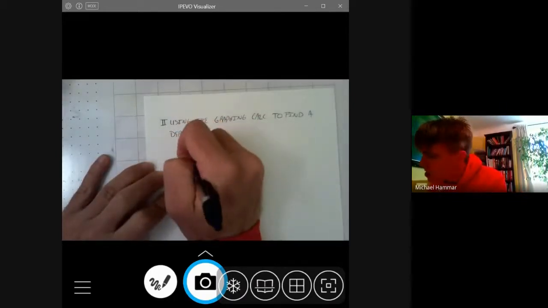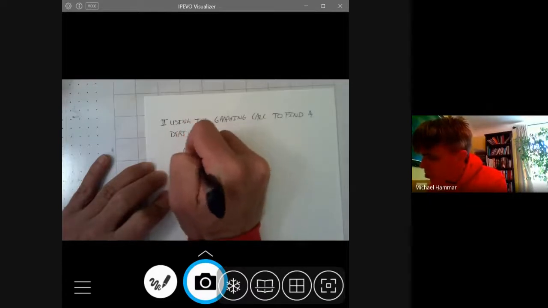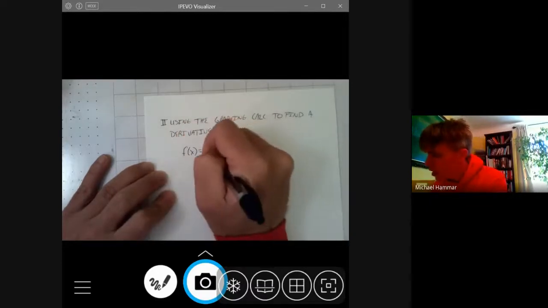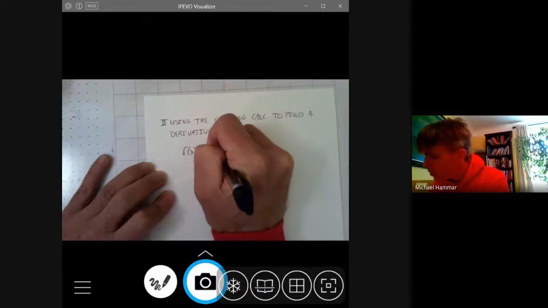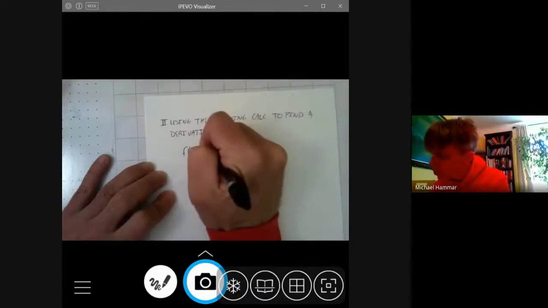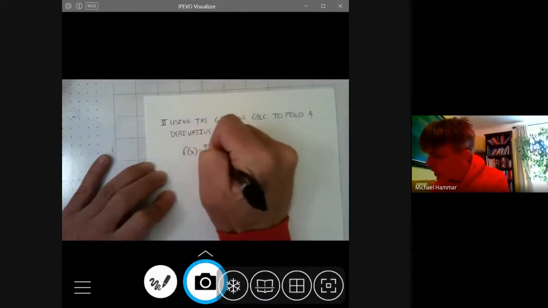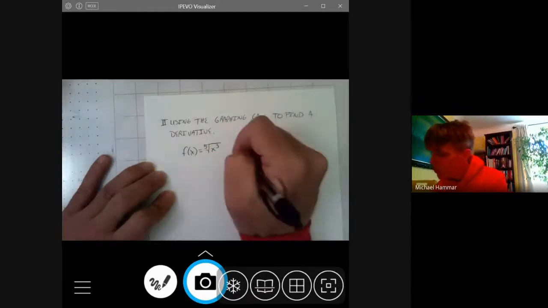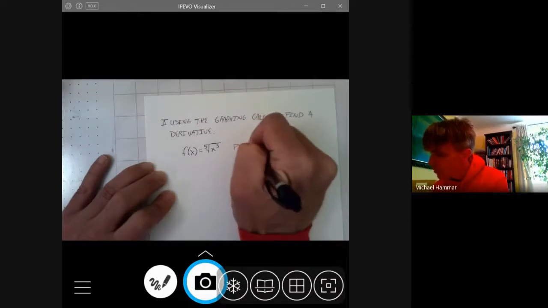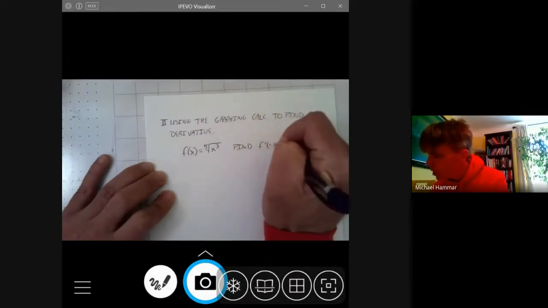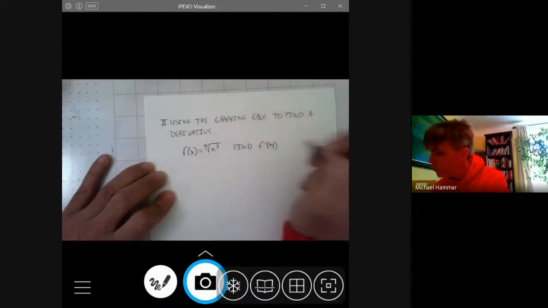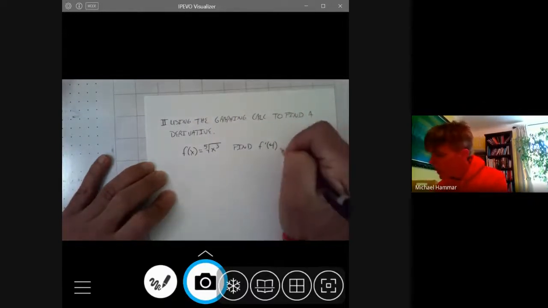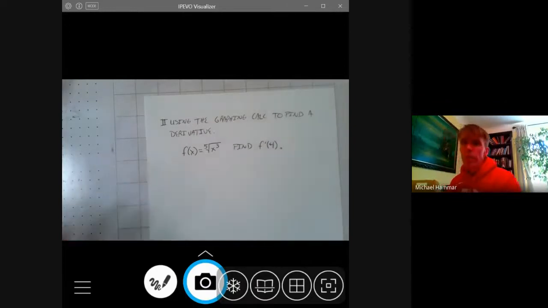So let's pick f of x equals the 5th root of x to the 3rd power. But I want you to find f prime of 4. Okay, so I give you the function, and I want you to find f prime of 4.